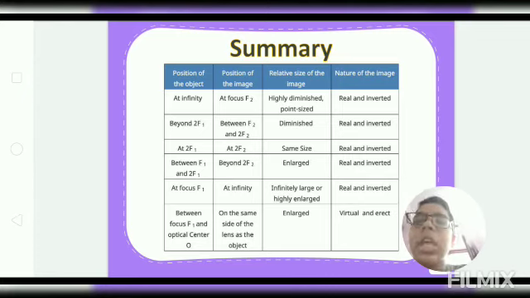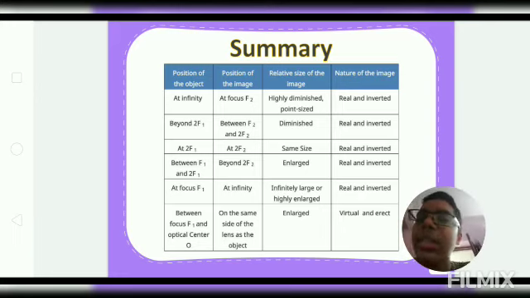When the object is at 2F1, the image is at 2F2, the same sized image, real and inverted. When the object is between F1 and 2F1, the image is formed beyond 2F2. It is an enlarged image, real and inverted.